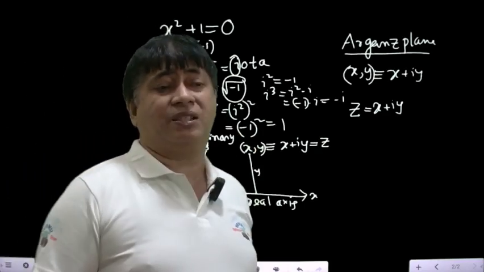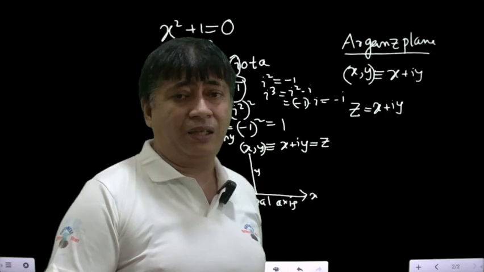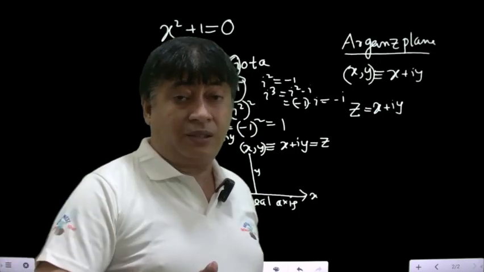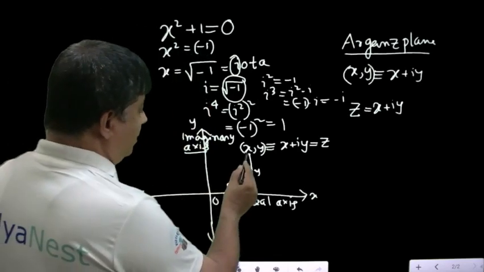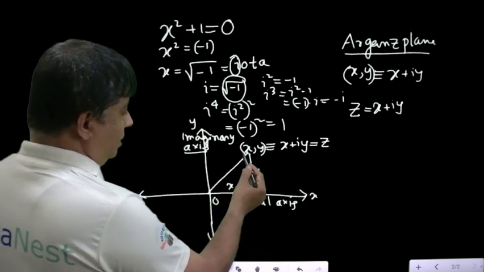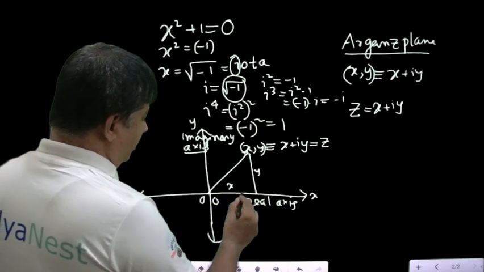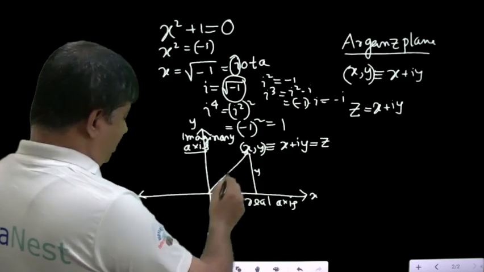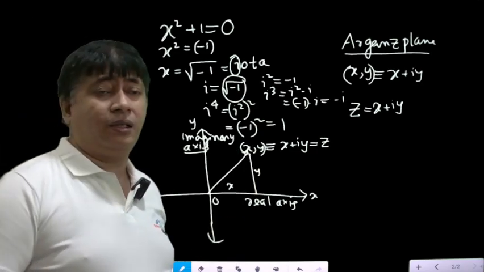I have just mentioned that the points in complex number or complex plane will follow all the rules of real number, but the nomenclature, the name, will be different. See, in the coordinate geometry system, the length of this side will be called hypotenuse.